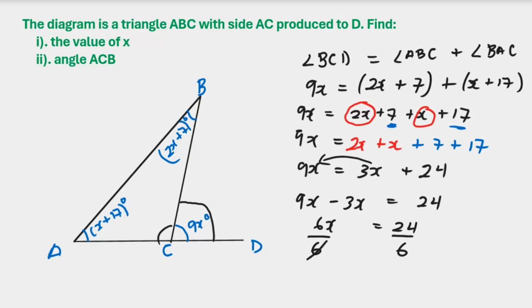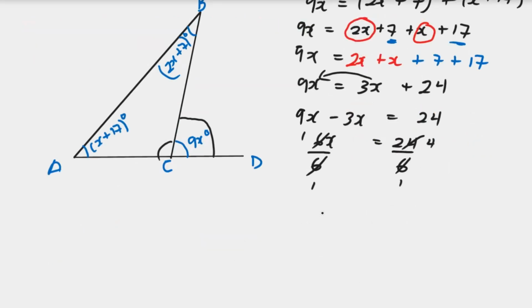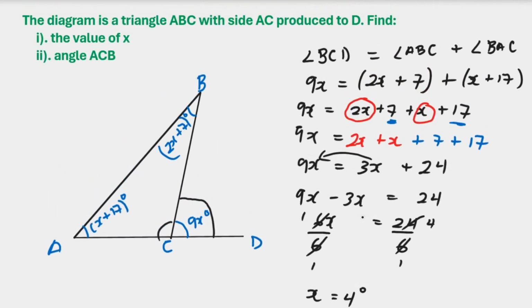So 6 goes into itself 1, it goes into 24, 4 times. So that means x is equal to 4 degrees. So we are done. That is it. Let's move on to the next question.